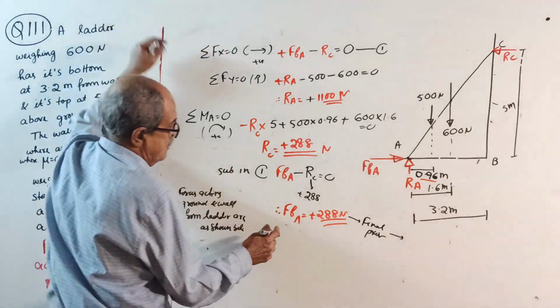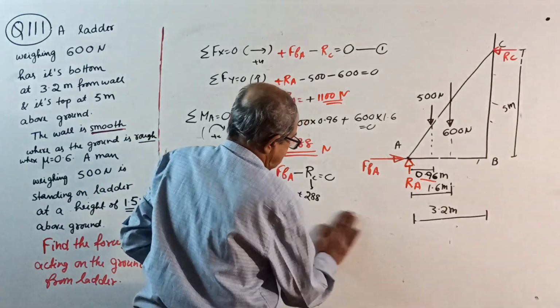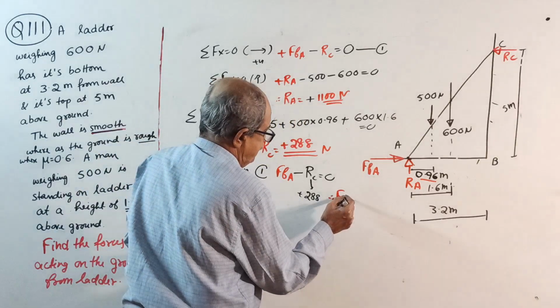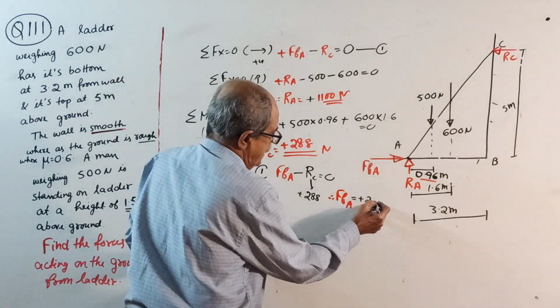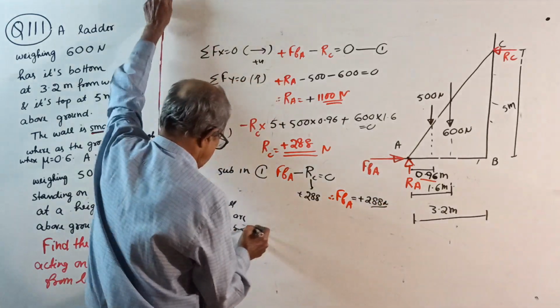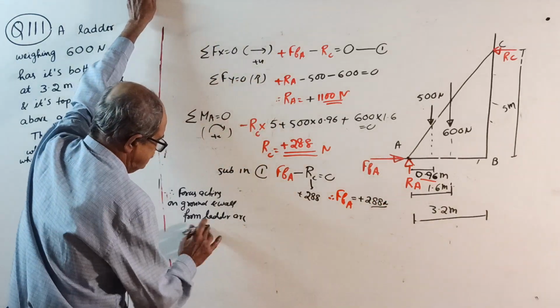FF at A, how much did you get? 288, no? Therefore, FF at A equal to plus 288 Newton, as shown here.